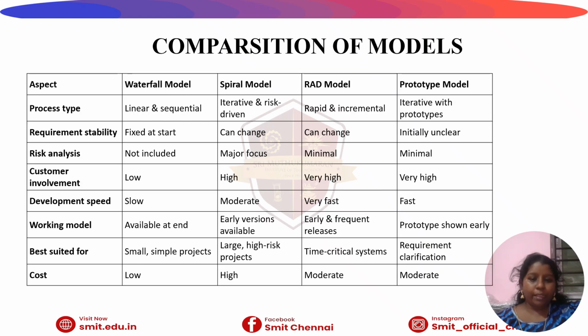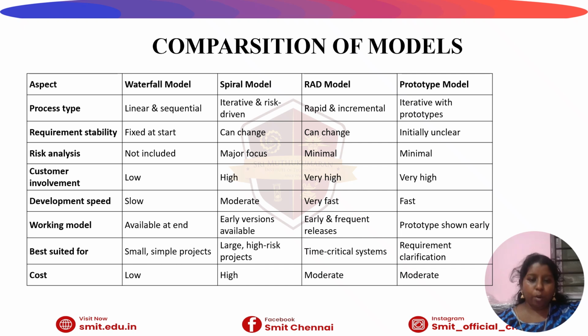We have seen all the models: waterfall, spiral, RAD, prototype, and incremental model. Now we are going to compare each model with some criteria. First, we take the process step. In the waterfall model, it is linear and sequential. It starts from communication and ends with deployment. It flows step by step only.